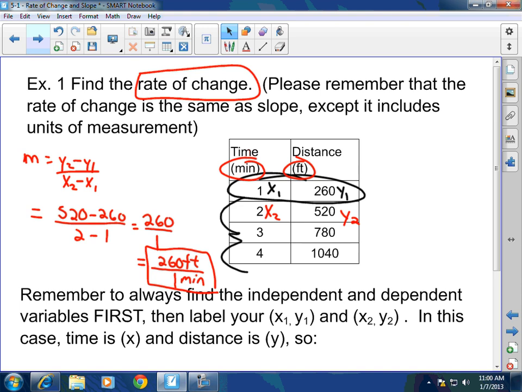So whenever you're given a rate of change or slope calculation, you first have to determine your independent x and your dependent y. In this particular case, time is independent, so time is x. Distance depends on how long you were traveling, so that's why it's dependent. Does that make sense so far?